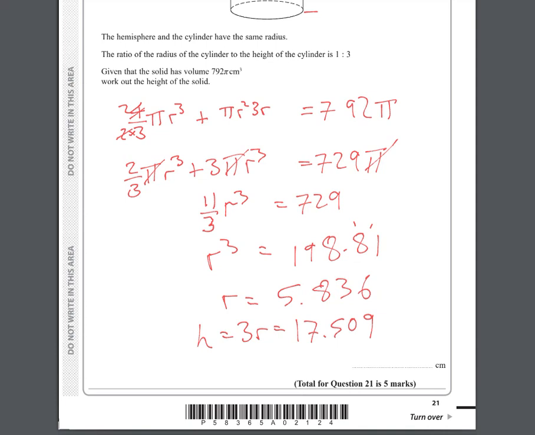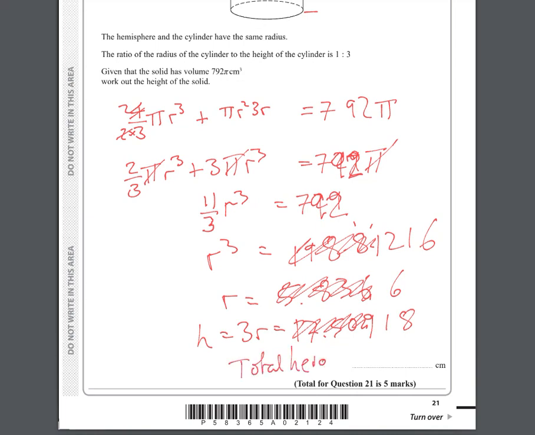See, I've switched this 792 to 729, so this should be 792 over 11 times 3, which is 216, which makes this the cube root of 216, which is 6, which makes this 18, which means the total height is going to be 24.